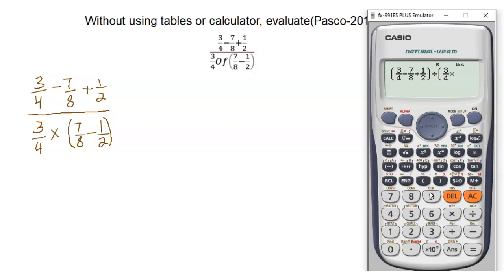And here, let me bring another bracket, pick my fraction 7 on 8 minus another fraction 1 on 2, push it here and then close it and close it again, because this and this will be taken care of, and then equal.